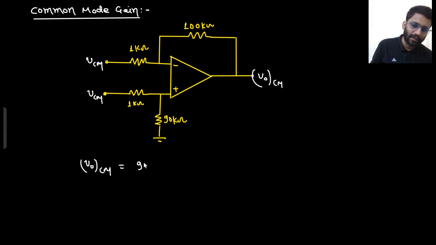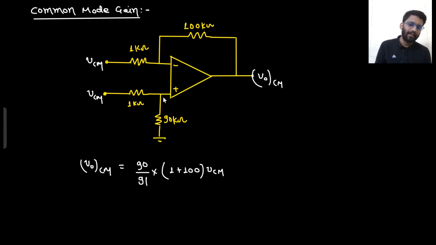That would be 90 by 91 into 1 plus RF by R into VCM. This will become a non-inverting amplifier, which gives a gain of 1 plus RF by R. Plus, now I am going to consider only this VCM, and this will be grounded. So that would be minus RF by R into VCM.